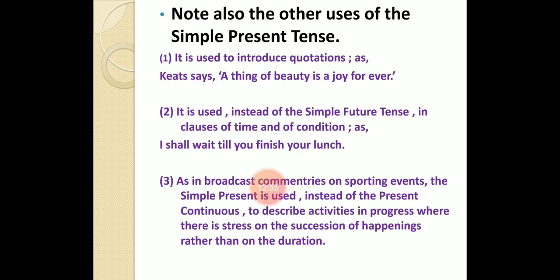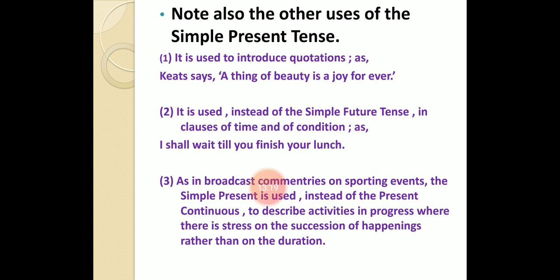So note, dear students, please note also the other uses of simple present tense, present indefinite tense. It is used to introduce quotations. Example, John Keats says, a thing of beauty is a joy forever.